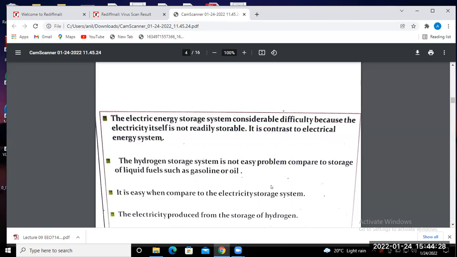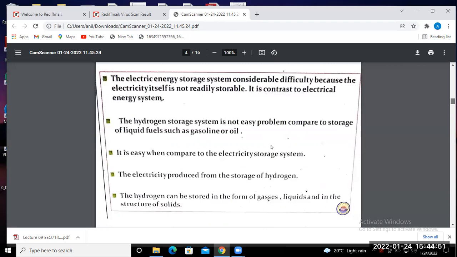The electricity produced from stored hydrogen is one of the most important ways of fulfilling the electricity requirement in our society and surrounding environment.